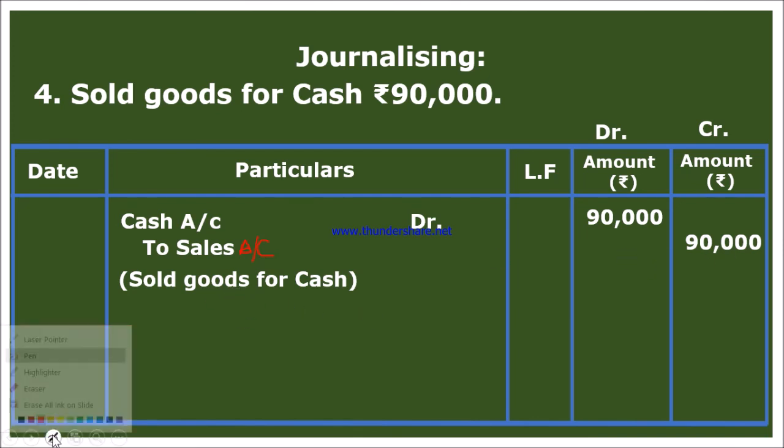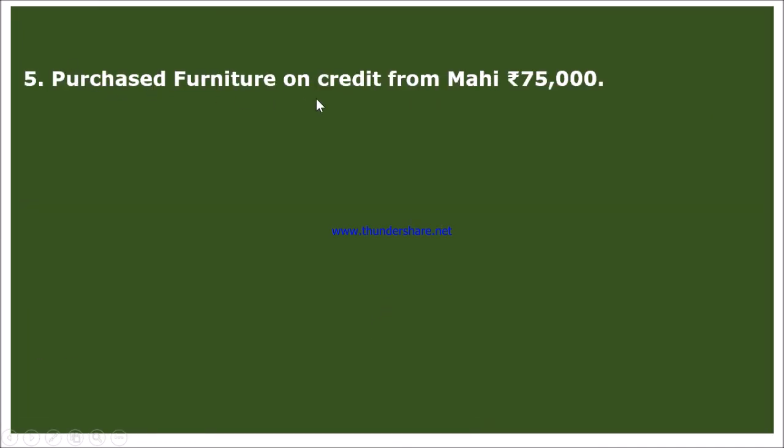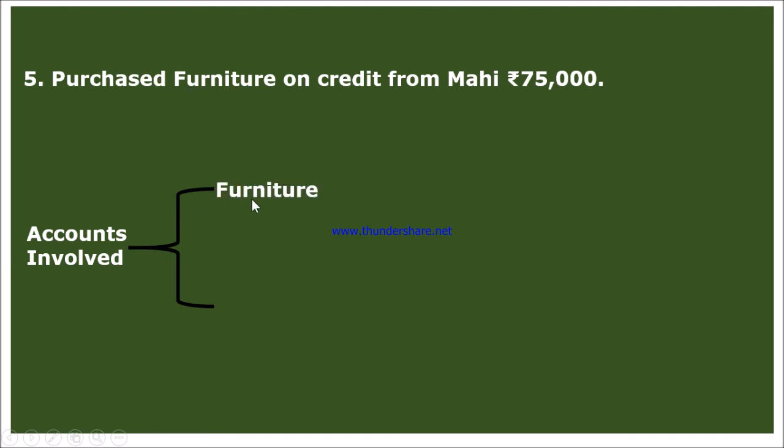And if you consider one more example: purchased furniture on credit from Mahi, rupees 75,000. So what are those two accounts involved? One is furniture, and another one is Mahi.